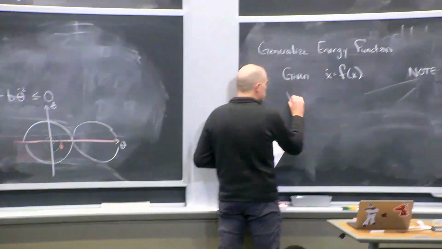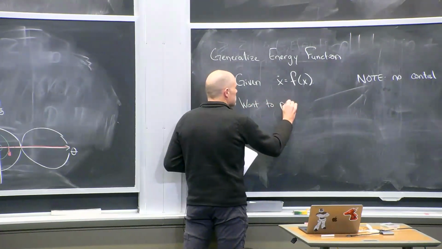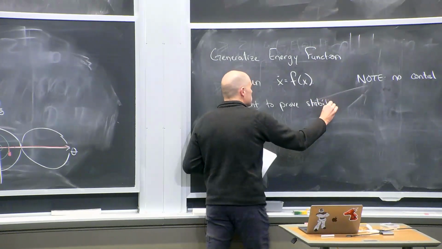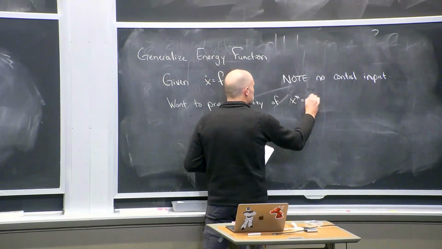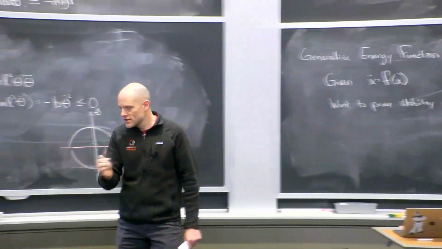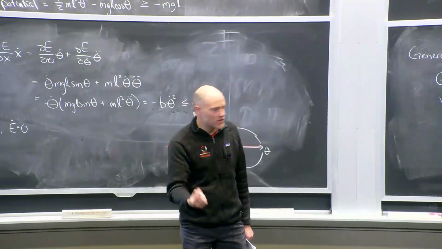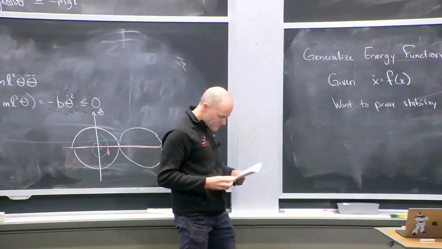If we want to prove stability at the origin, and if you don't like proving stability at the origin, then change your coordinate system so that the place you want to prove stability is the origin. So that's not a loss of generality there.